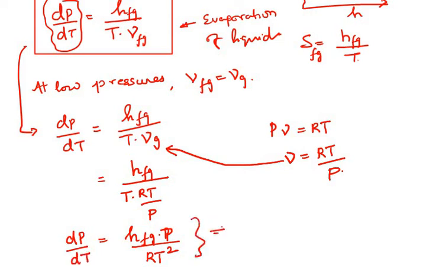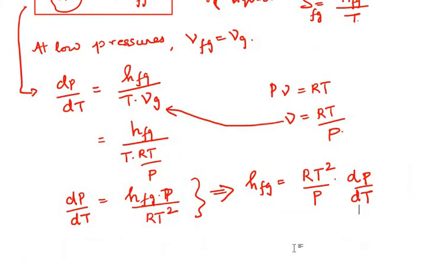Now I am rewriting this equation as hfg equal to RT squared divided by P times dP/dT.